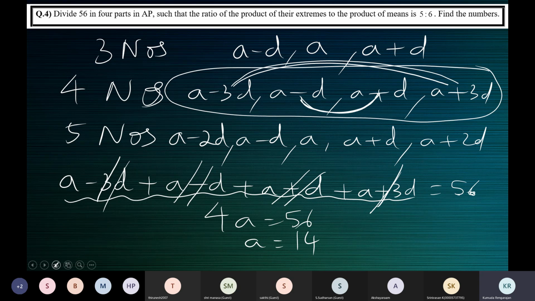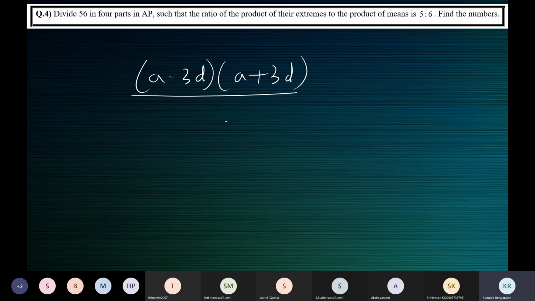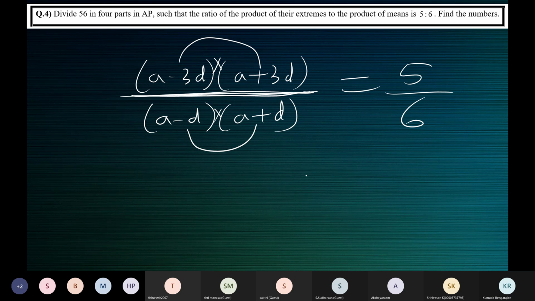Now the other information. Ratio means like this. Product of extremes: A minus 3D into A plus 3D. This is the product of extremes. Product of means: A minus D into A plus D. The ratio of the product of extremes and product of means is 5/6.